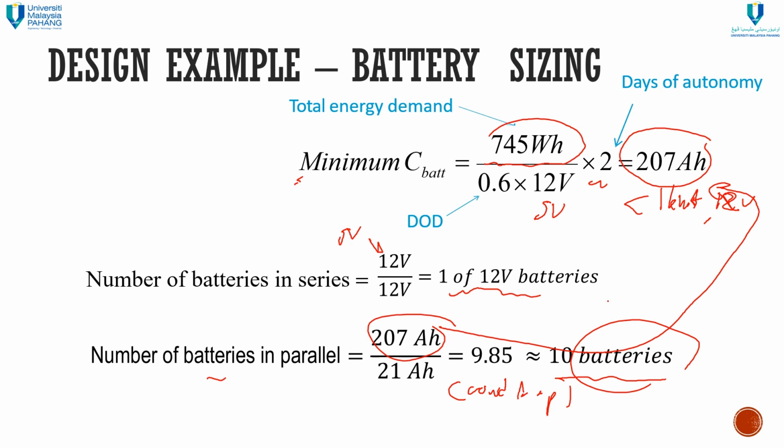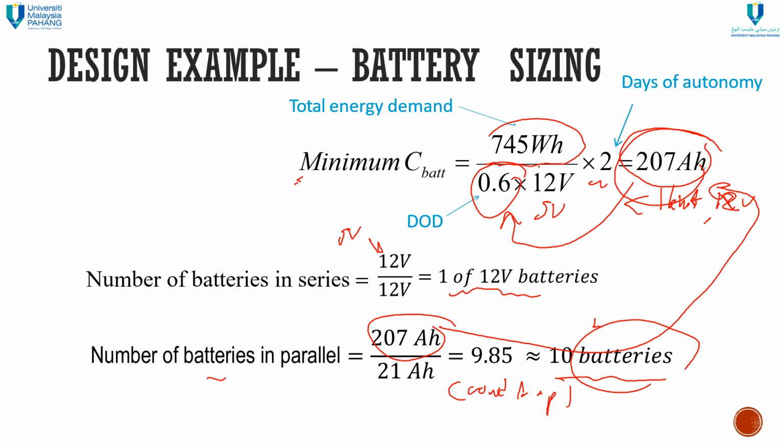It means the total capacity we need here is 207 Ah after we choose this battery with DOD 0.6. If we find a better battery, for example the lithium one, maybe it can go to 70 or 80%, then the total capacity will be lesser than that.